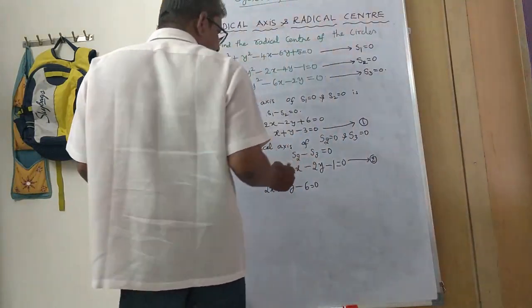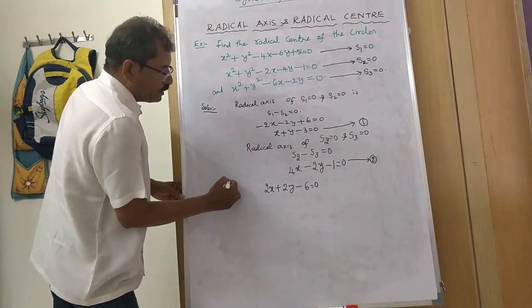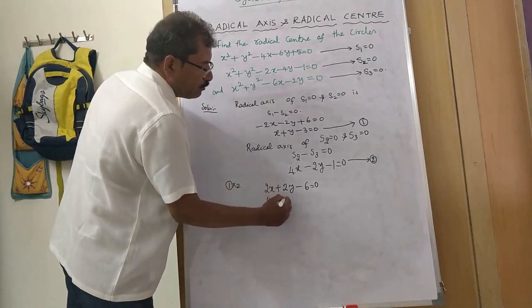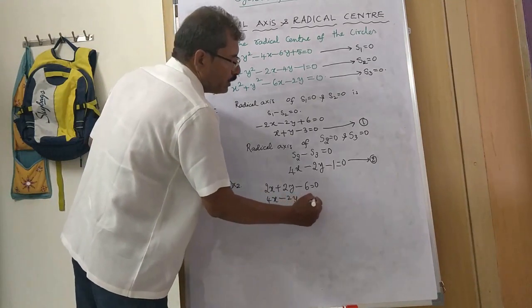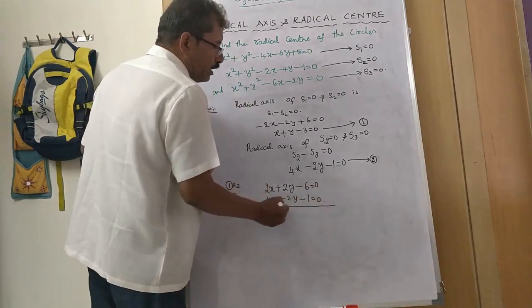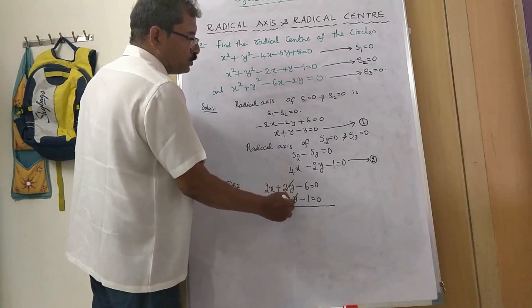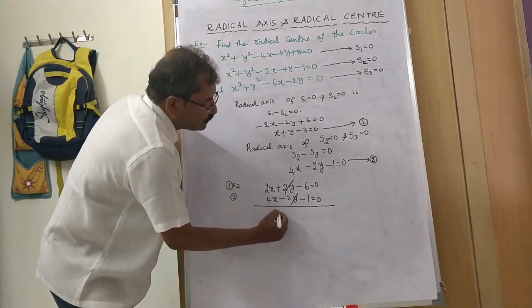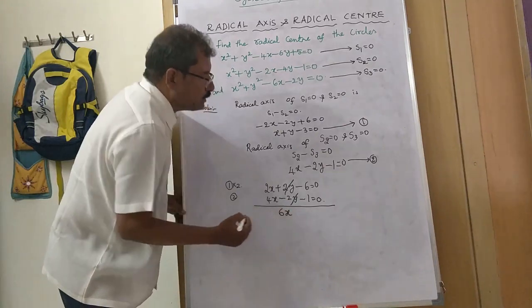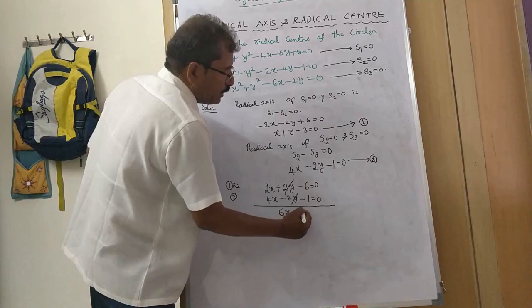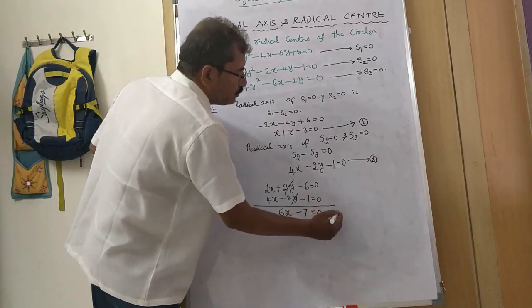This is the first equation times two, and 4x - 2y - 1 = 0 is the second equation, and I can add these two. 2y and -2y get cancelled. 2x plus 4x is 6x, right? And then this one is -7 = 0.